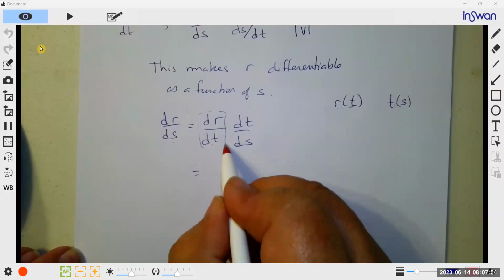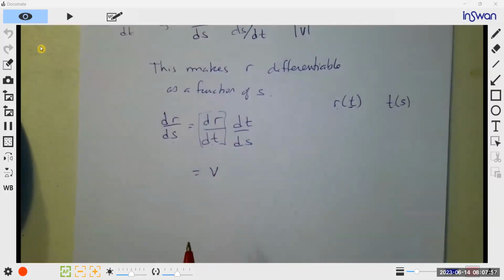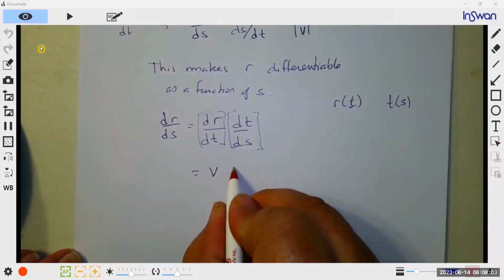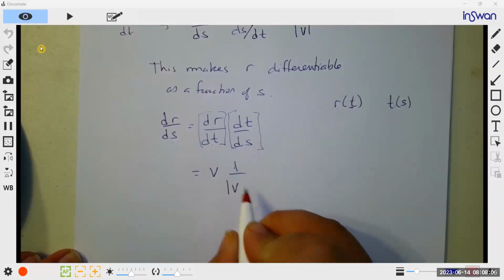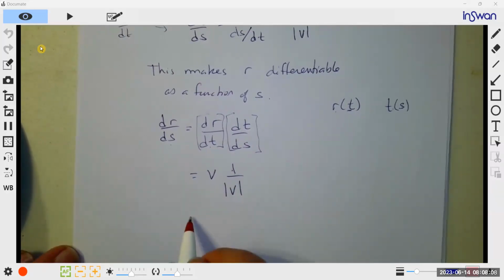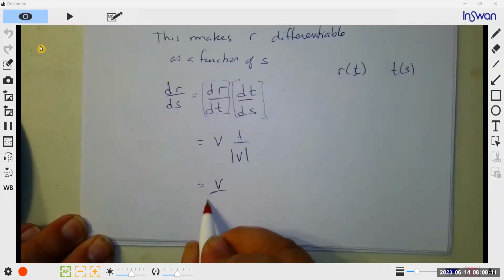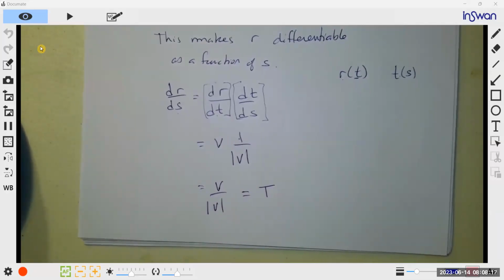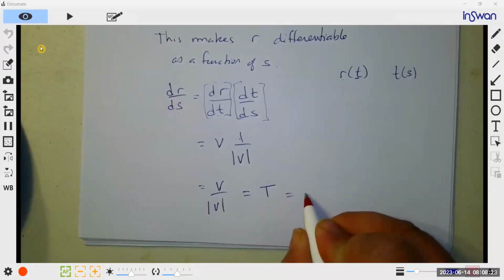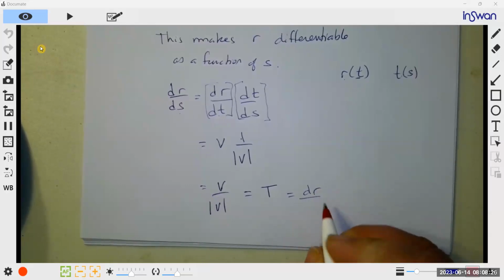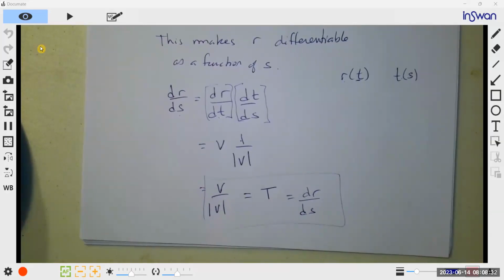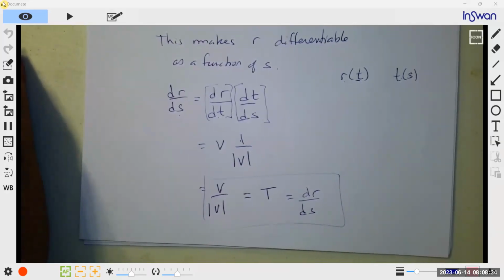So dr dt is the velocity vector, and dt ds is what we just calculated, which is the unit tangent vector. So the unit tangent vector is actually dr ds. All right, that's it for this section.